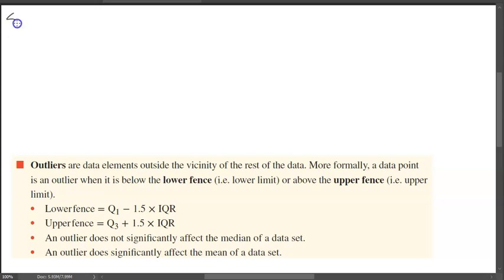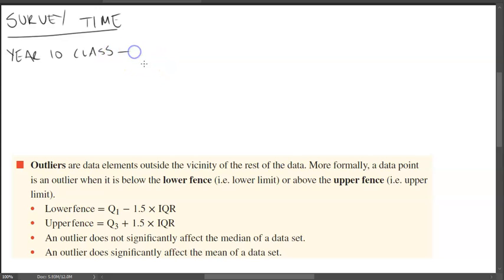So let's say we did a survey. Now, I would usually do this survey in class, but considering worldly circumstances, we can't do that. So let's just assume I go into a random Year 10 class, and the survey question is, what is your age?